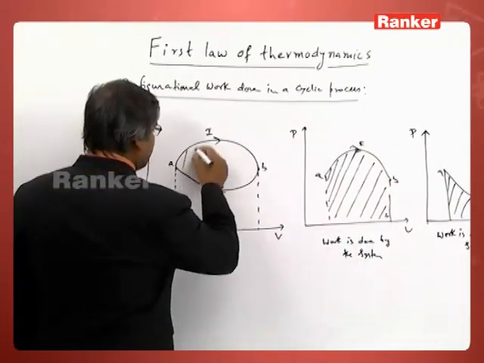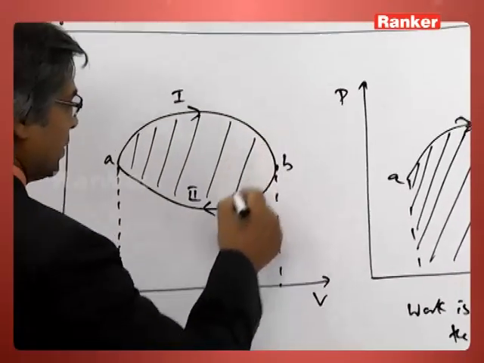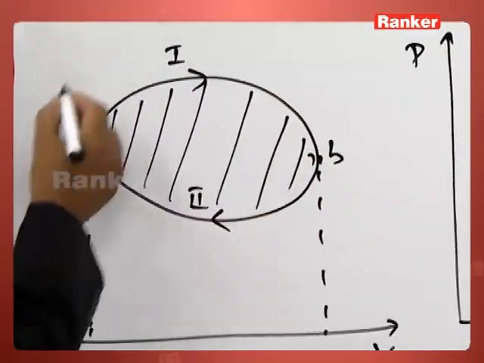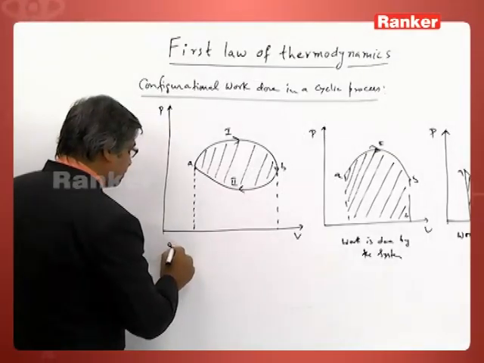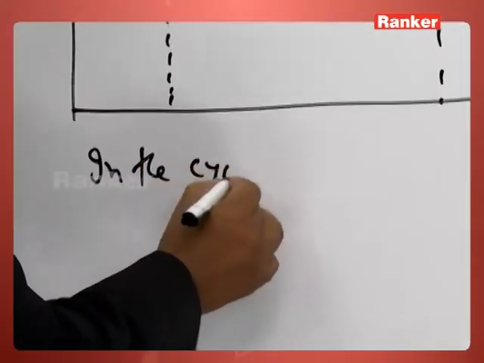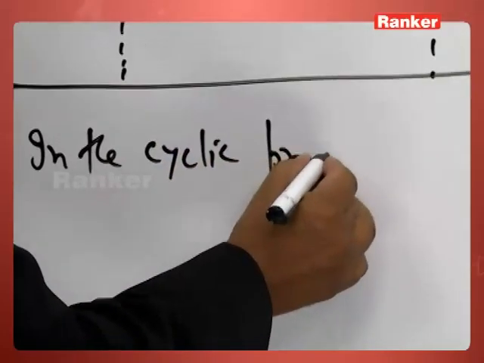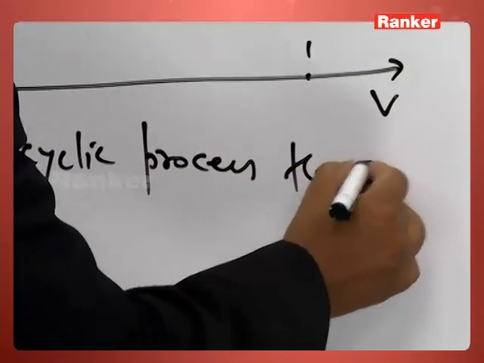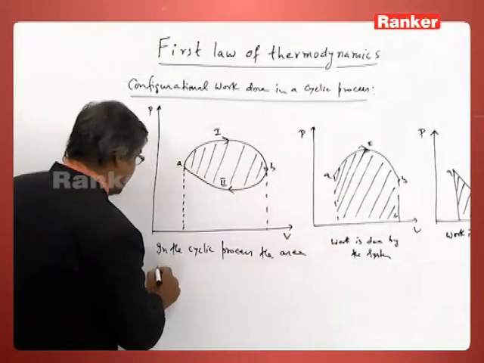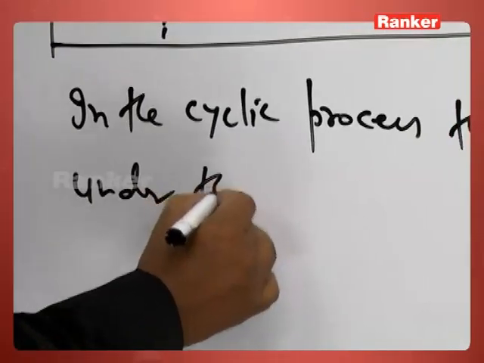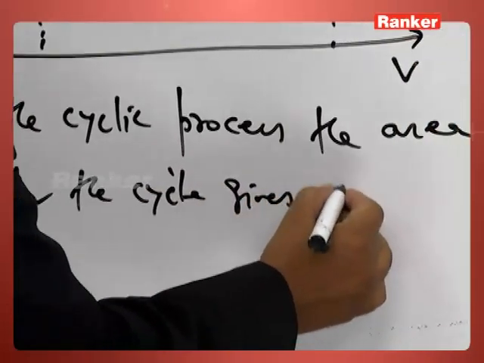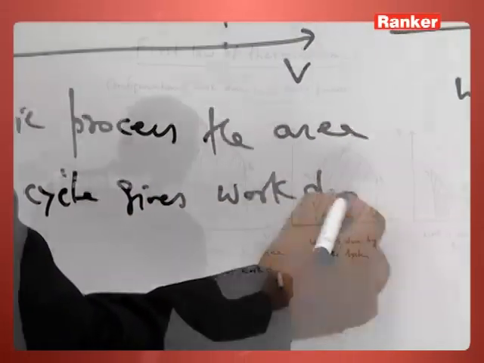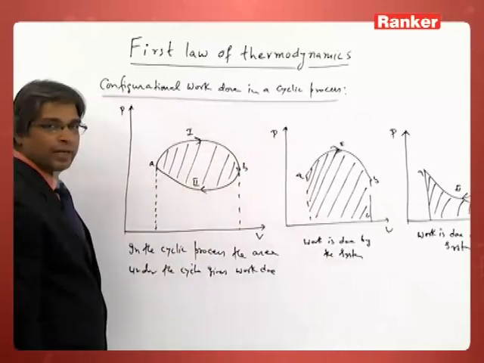So in a cyclic process, the area under the cycle gives work done. Why? You see the difference of the area is the net work done.